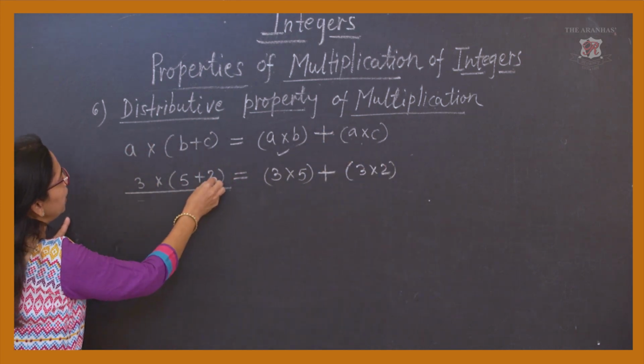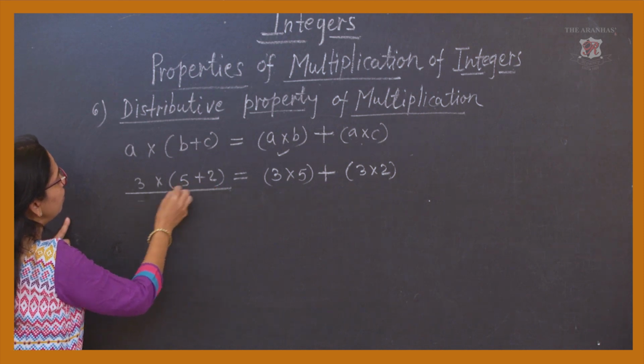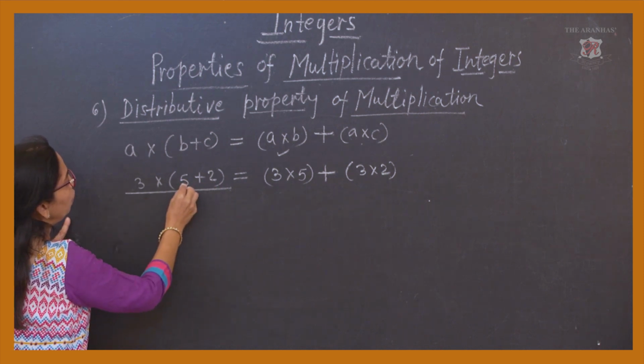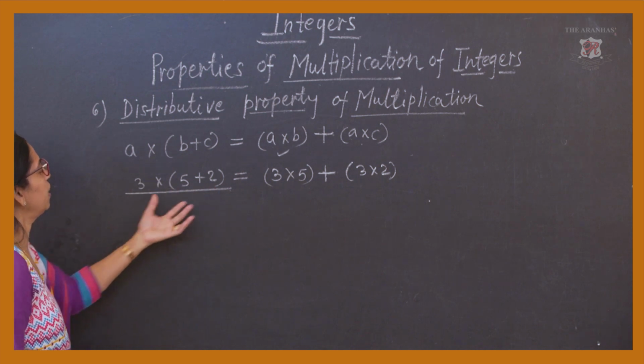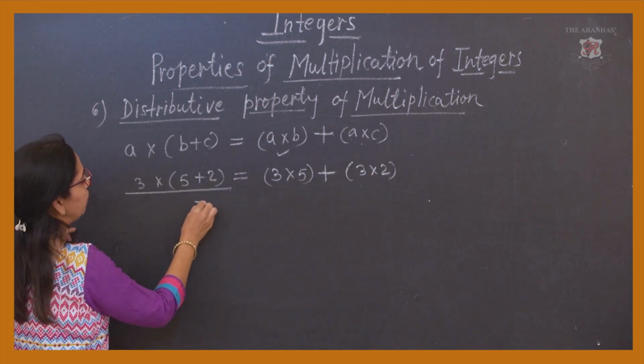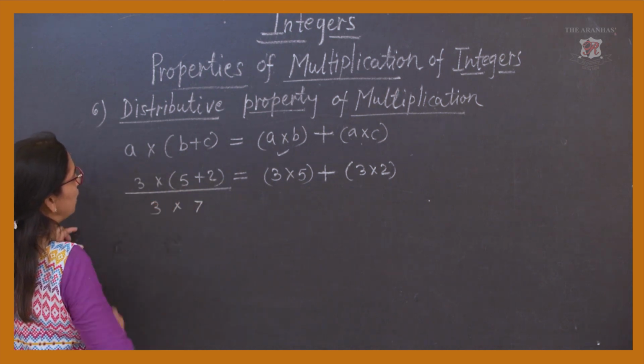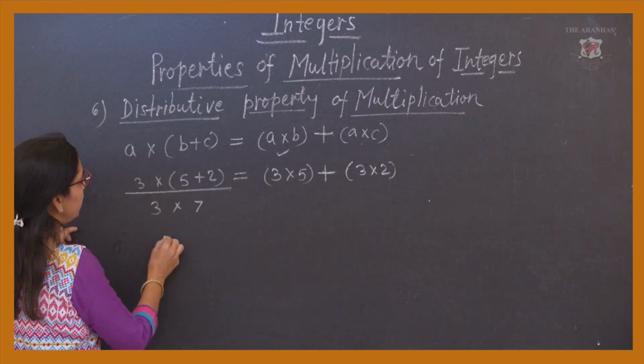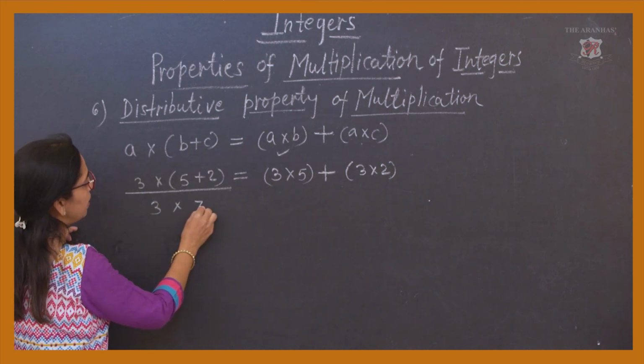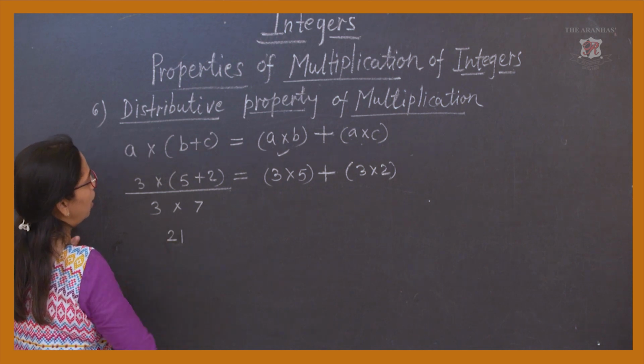So when we multiply this and add, we will find out now. First we will solve the bracket. 5 plus 2 is 7 and keep this 3 as it is. And the next step, we can write 3 multiplied by 7, that is 21.